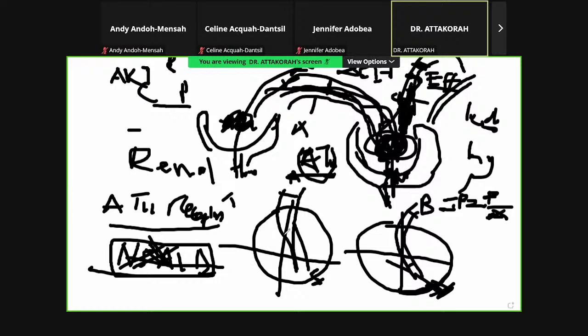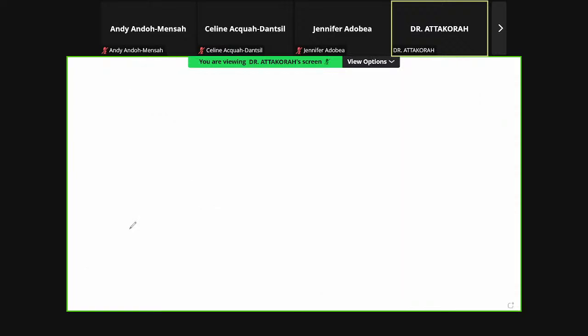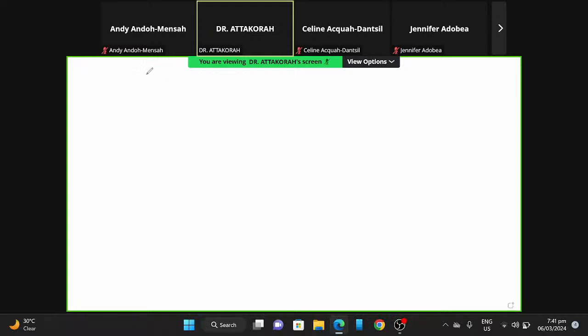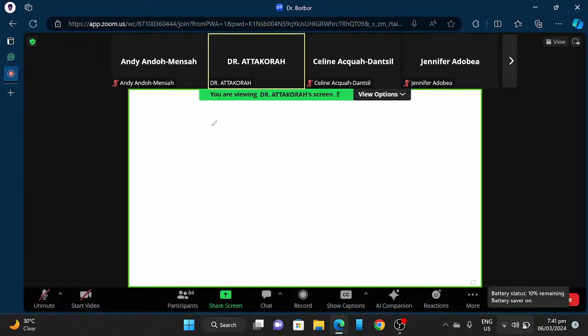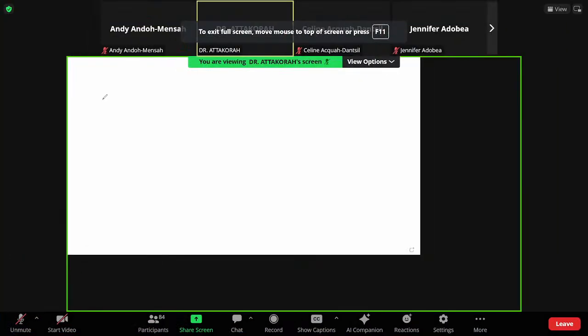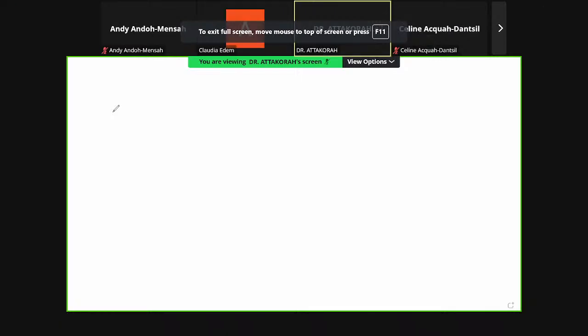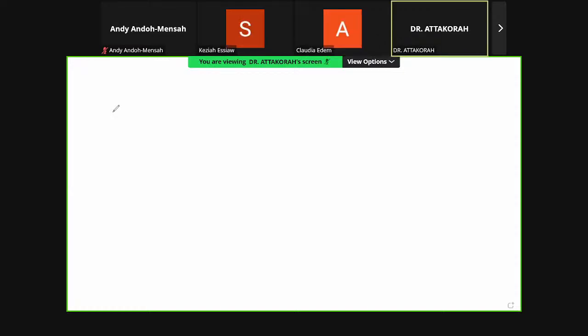Any question? So note this. If we talk about cardiac output, the amount of blood coming out from the heart, who can tell me the percentage of cardiac output that will get into the kidneys?